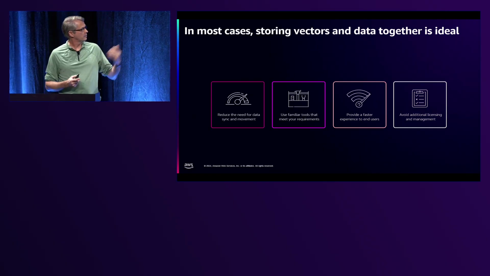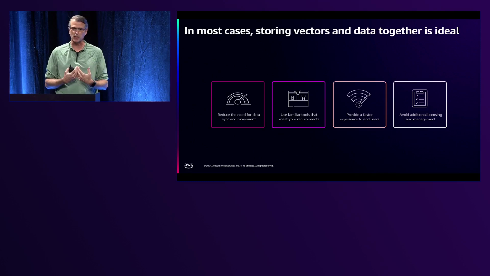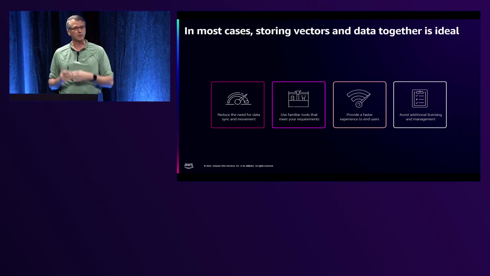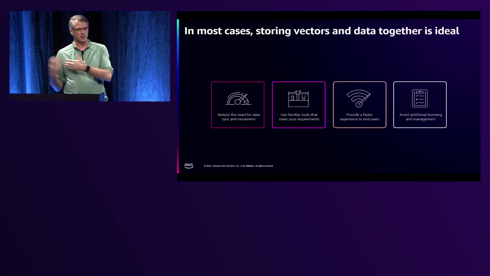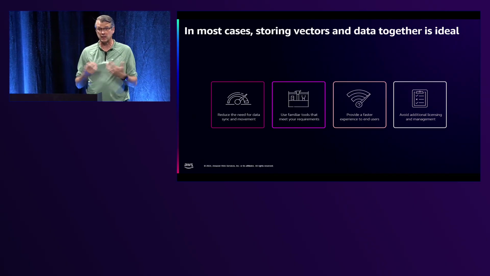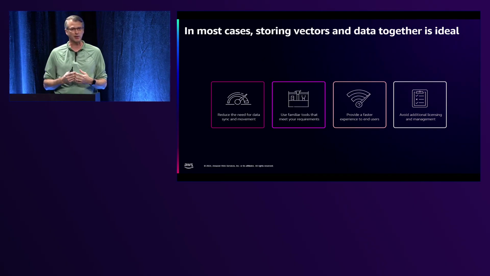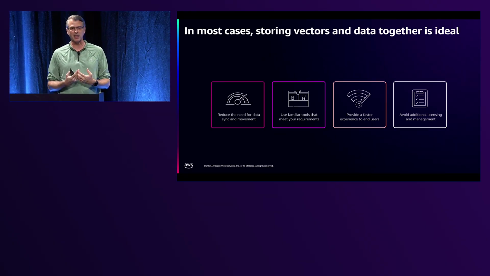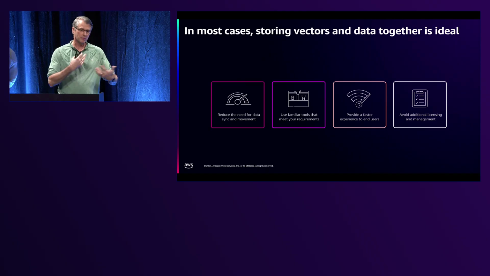Thirdly, a faster experience for end users, and a lot of that comes down to just reducing the number of systems that you're interacting with throughout the process of this chat while Cody's waiting to see if he can return his sneakers and get a replacement. We want to be able to get him an answer as quickly as possible. Fewer systems to interact with is going to help get that faster.